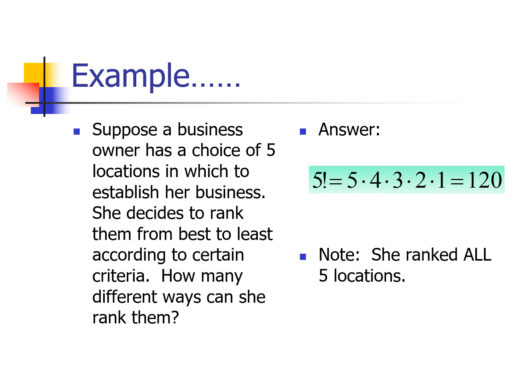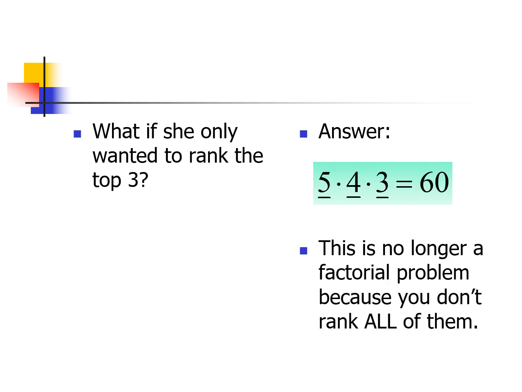Now, since there are 5 locations, we are going to use 5 factorial. So that is 5 times 4 times 3 times 2 times 1, which is equal to 120. So therefore, there are 120 different ways in which she can rank the 5 locations. So what if she only wanted to rank the top 3, not all 5?